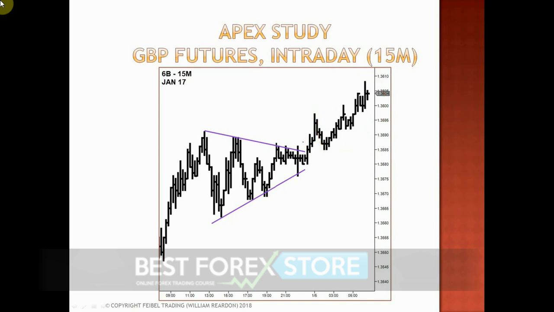In an ideal world, and more often than not, we get strong moves up like so. And what do we know? If we draw in, we have 1, 2, 3, 4 touches here. Draw that across. What do we have? On this pullback after a good move out, we have a trading opportunity.